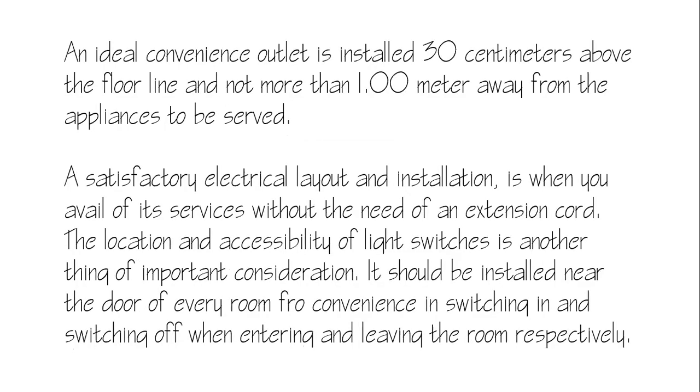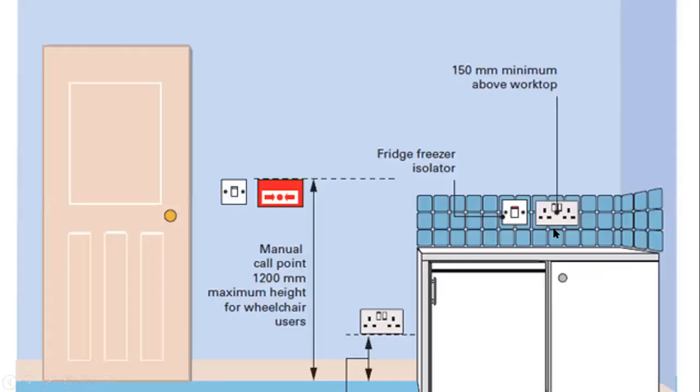So an ideal convenience outlet is installed 30 centimeters above the floor line and not more than 1 meter away from the appliances, to be safe. So basically, the outlet is at 0.3 meters minimum from the finished floor line.